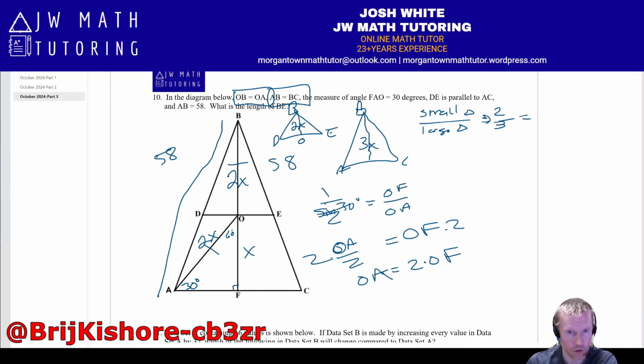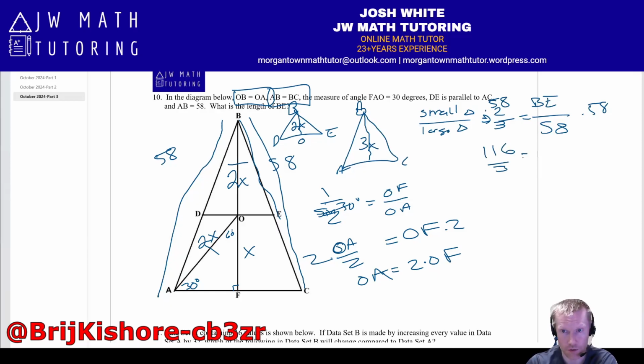The small triangle side is BE, that's what we're trying to find. The large triangle side is 58. I'm comparing this to its corresponding side here in the large, and again, I just determined the ratio is 2 to 3. So now you can just solve this for BE, multiply by 58. 58 times 2, 116 over 3.